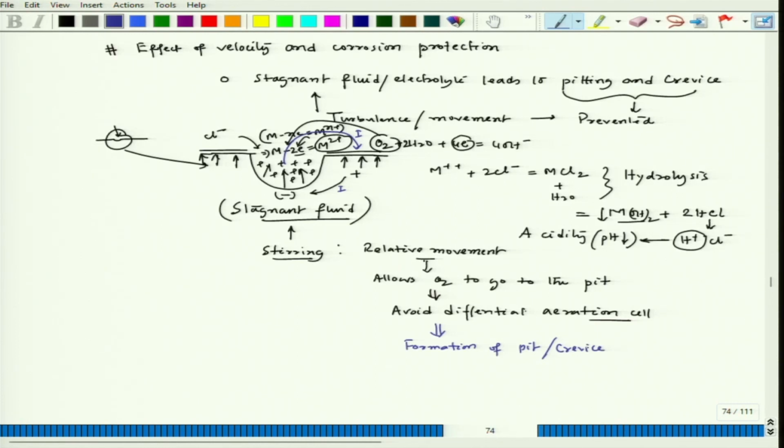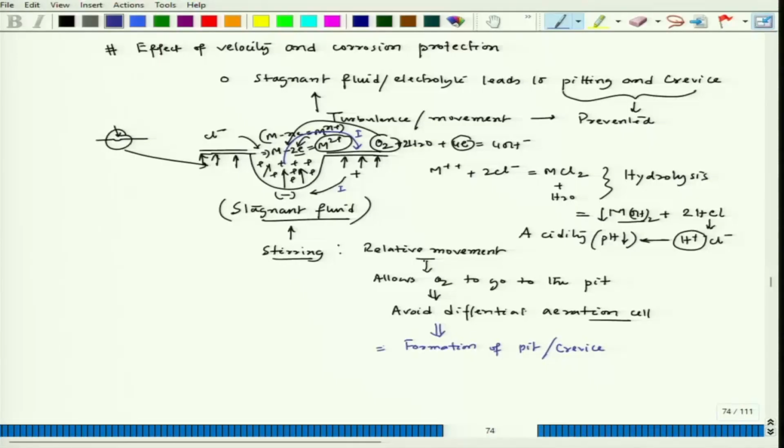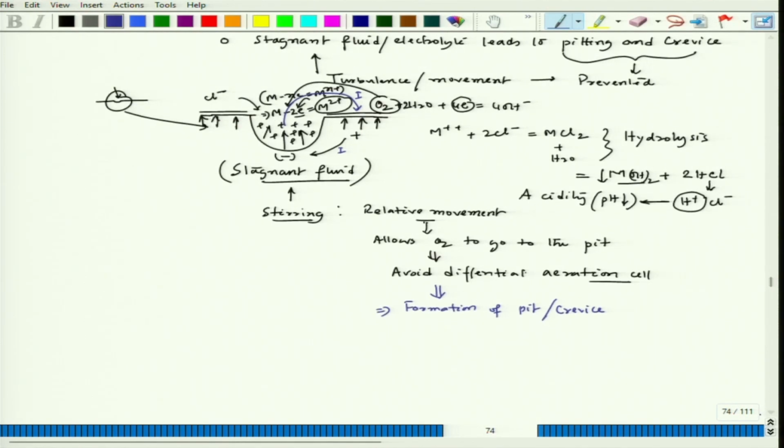So, if some material is susceptible to pit and crevice, stagnant fluid or stagnant aqueous electrolyte is not good at all. Okay. So, this is one protection method we can think of. So, instead of having stagnant fluid, we can have little churning in that particular medium. Okay. So, this is one part.